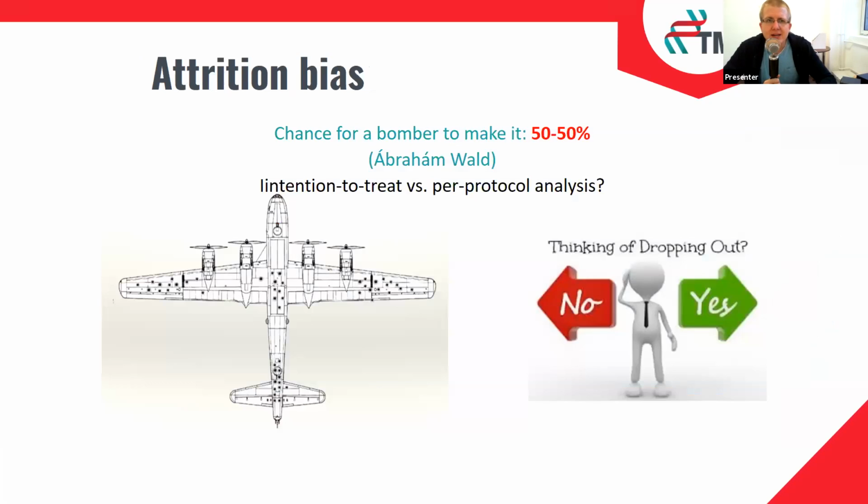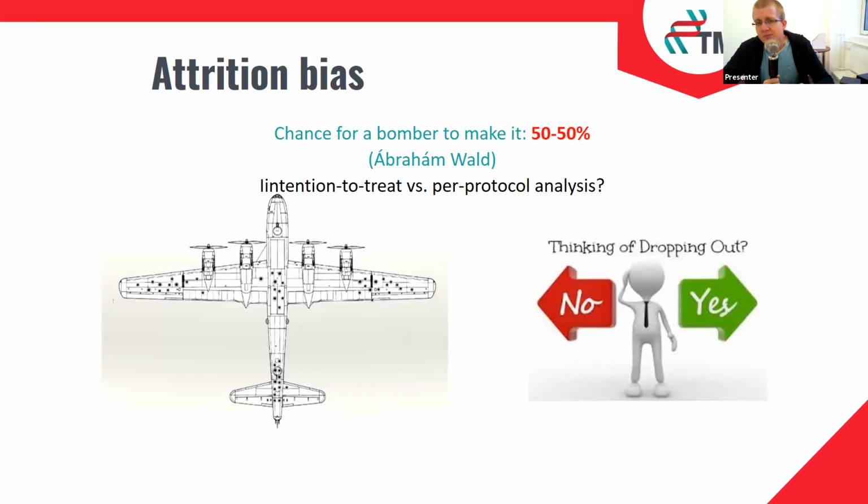Now, another form of bias is the attrition bias, and it's very similar to the survivorship bias we were talking about yesterday. Sometimes the withdrawal or the dropout from the study arm is not equal. If we are talking about a theoretical experiment, again, a drug is tested against another one, and let's say the new drug has a side effect affecting only women, dysmenorrhea, whatever.